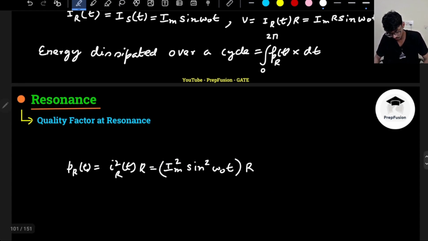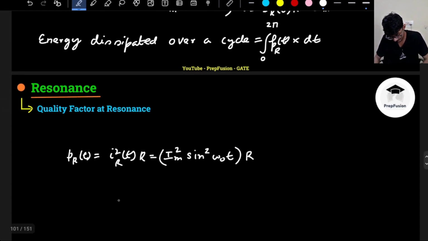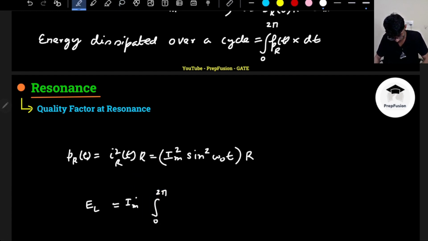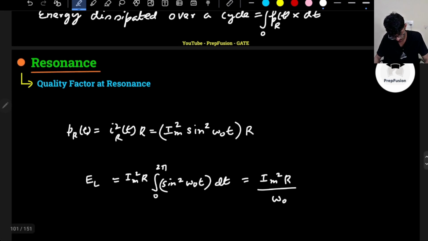If I integrate, the energy loss E loss will be the integral from 0 to 2 pi. Im square R can go outside, and the integration of sin square omega naught t dt will be basically half. So it will be Im square R into 1 by 2, and omega naught will also be present. Over a complete period, sin square gives 1 by 2.